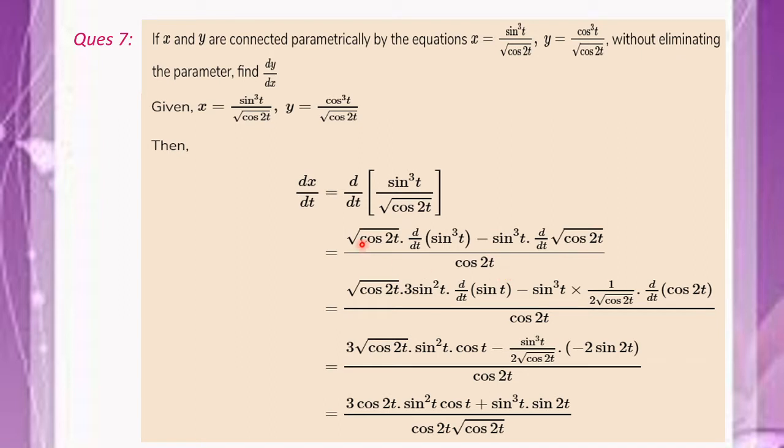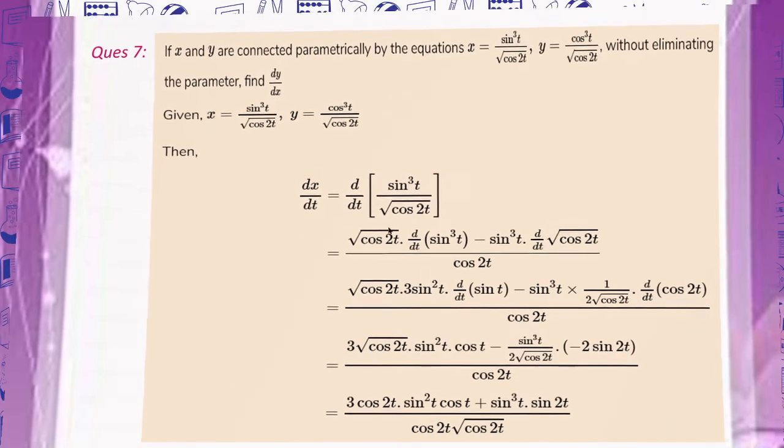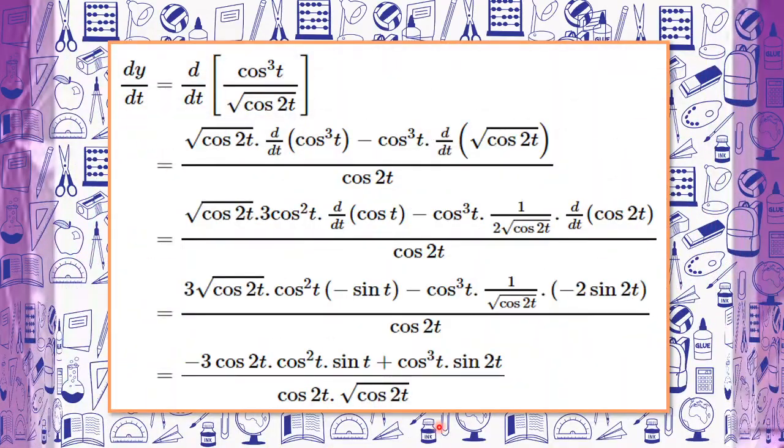And then root cos 2t as it is, derivative of sine cube t, which is 3 sine square t, and then sine t, the derivative of sine t is cos t, minus sine cube t as it is, the derivative of under root cos 2t, which can be considered as root x. So the derivative of root x is 1 upon 2 root x, and then the derivative of cos 2t is minus 2 sine 2t. Simplify.